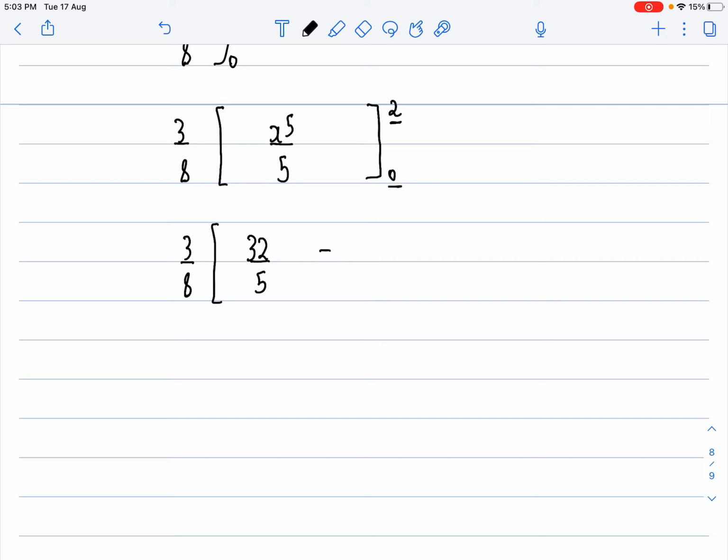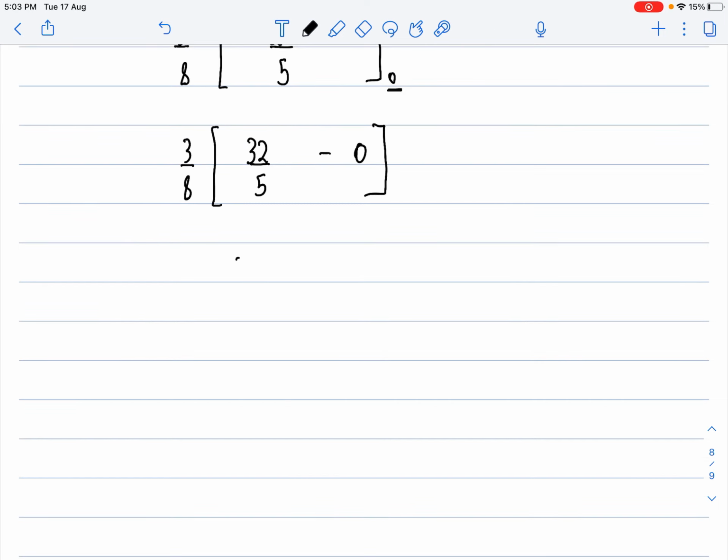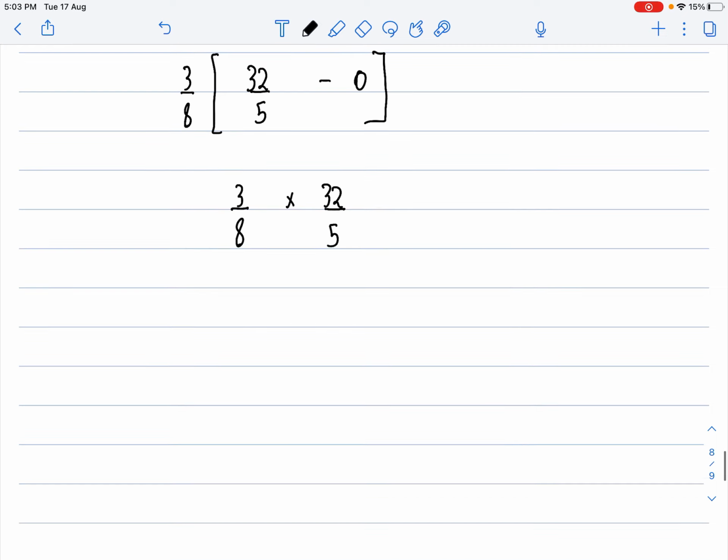Minus, when you put 0 in the place of x, you get 0. Now you can simply do 3 over 8 multiplied by 32 over 5, and you basically get your answer as 12 over 5. Now this is basically your E of x square, not the variance.